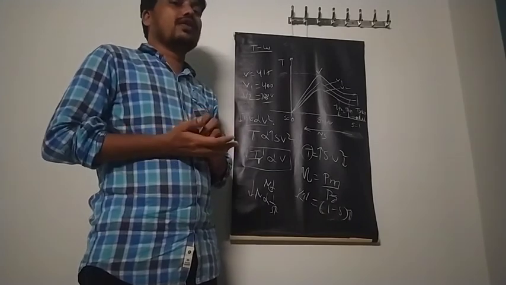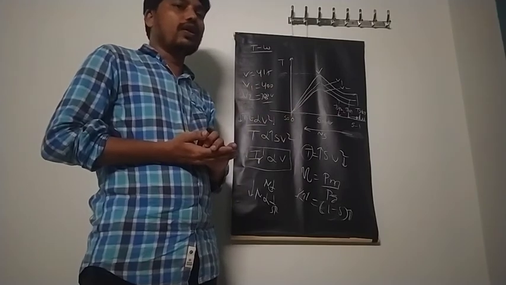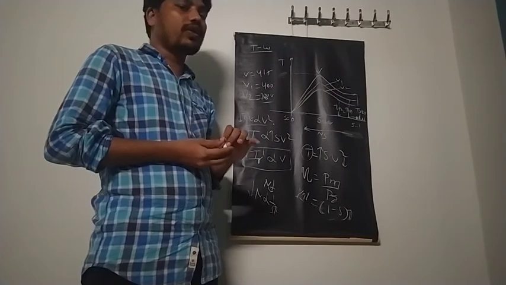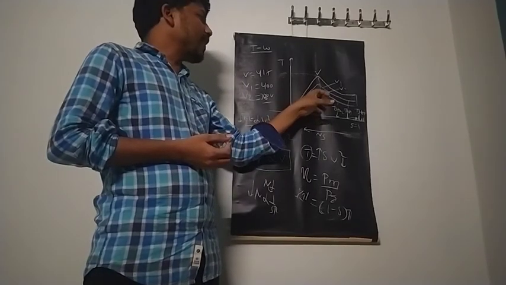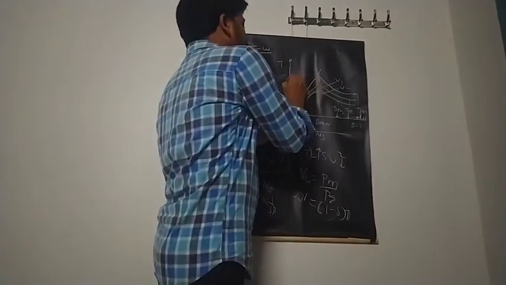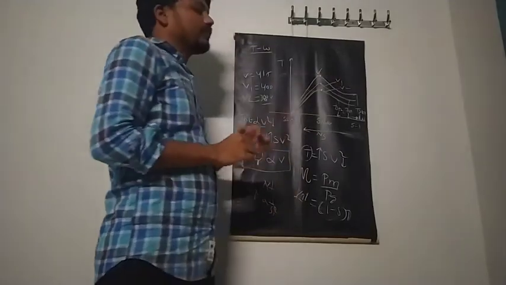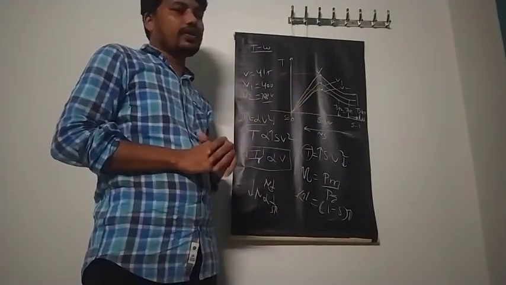The slip at which maximum torque occurs is independent of the voltage. Therefore, this maximum torque remains constant, and the slip at which maximum torque occurs remains constant. So these are the various torque speed characteristics for different voltages.